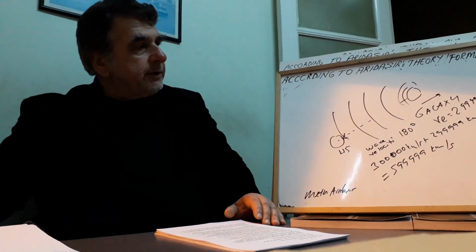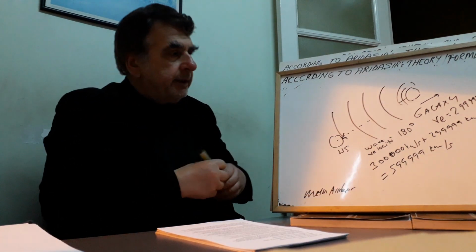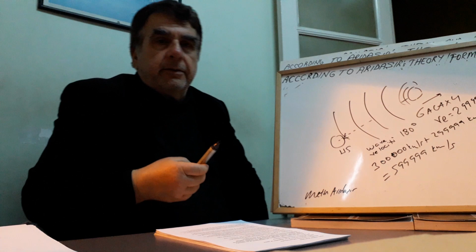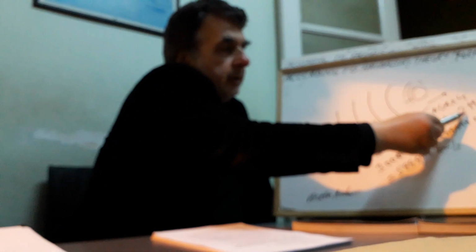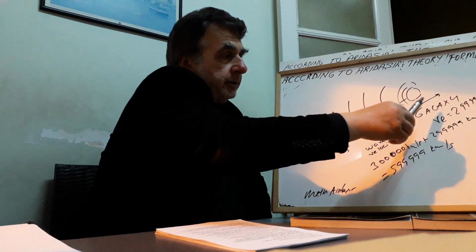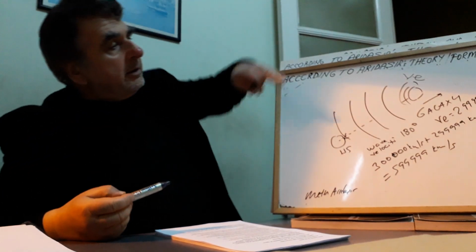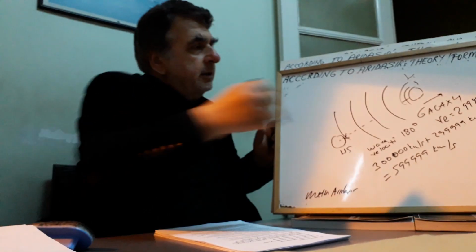180 degrees. Say here a galaxy, here Earth, okay? Galaxy is moving away from us, say at 299,999 kilometer per second, near the speed of light, okay? Here, this is VE, source velocity, okay? Not V, yes, source velocity.